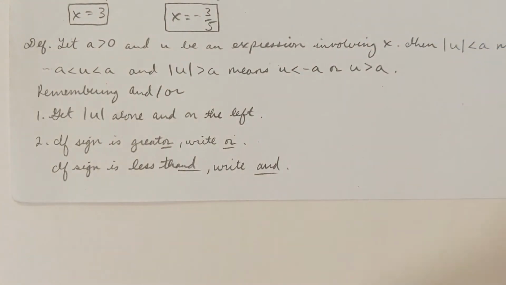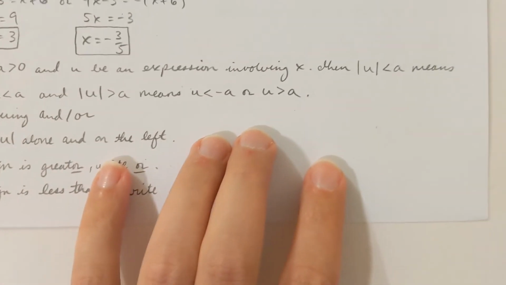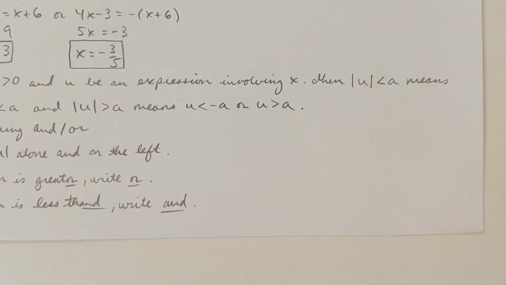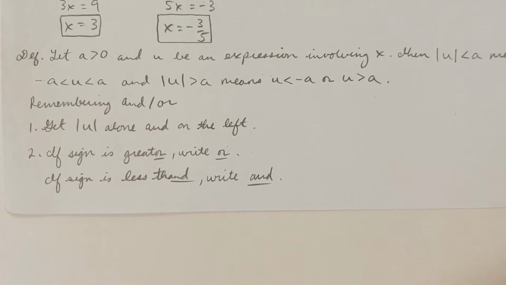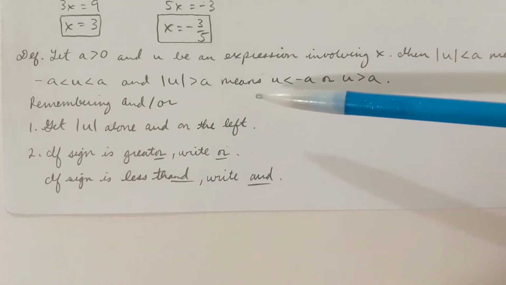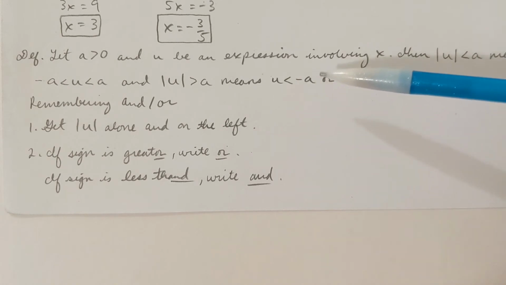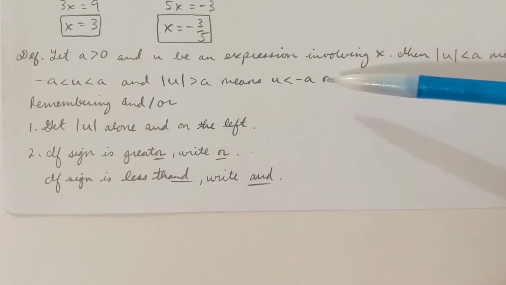Okay, let's let a be greater than 0 and u be an expression involving x. Then the absolute value of u less than a means that u is greater than negative a and less than a. And the absolute value of u greater than a means that u is less than negative a, or u is greater than a.